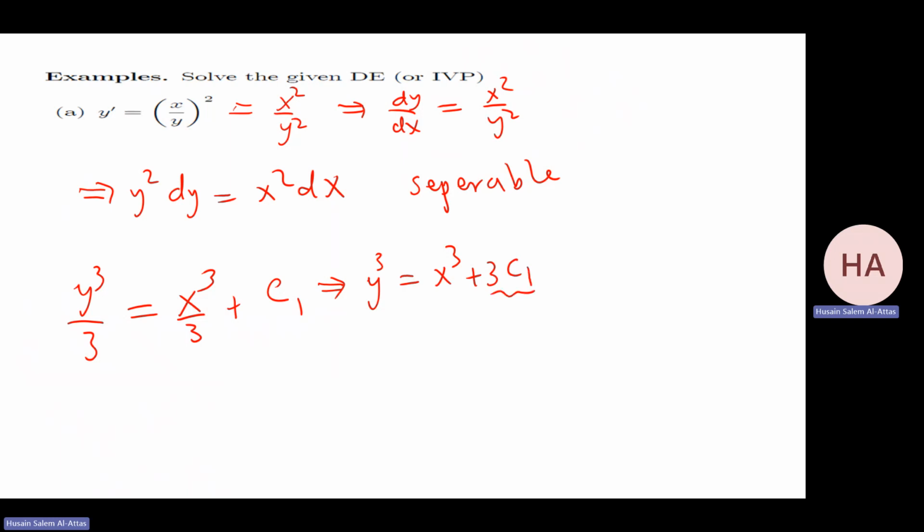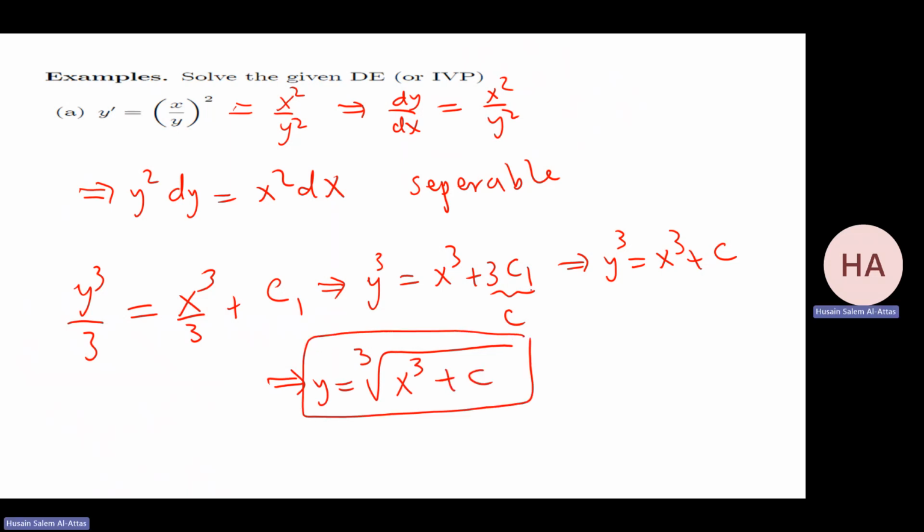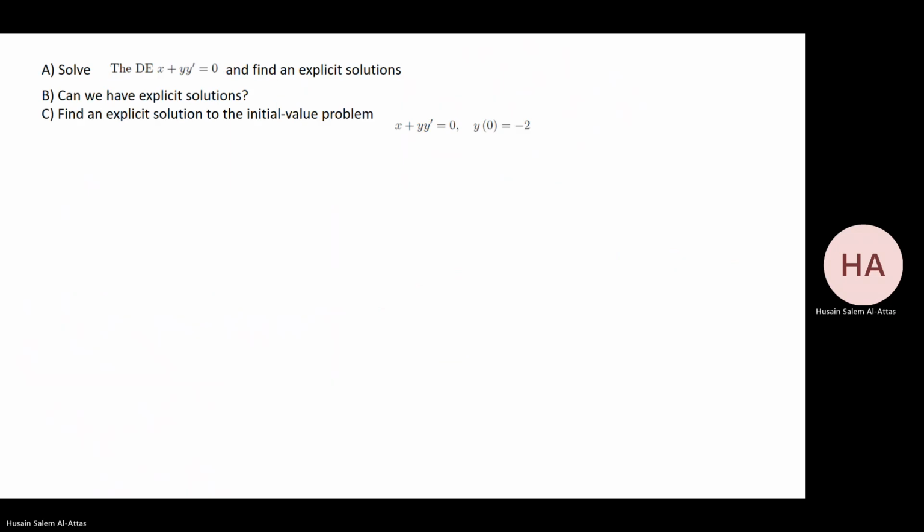I call this c. Okay, call it c. So that implies y cubed equals x cubed plus c. So that implies y will be the cube root of x cubed plus c if I want an explicit solution.